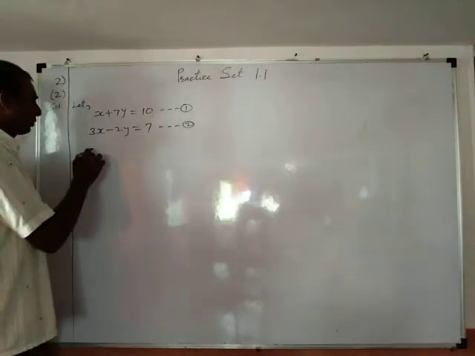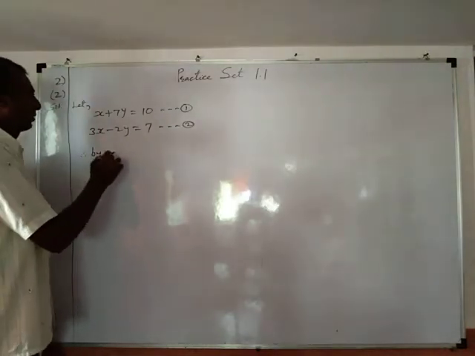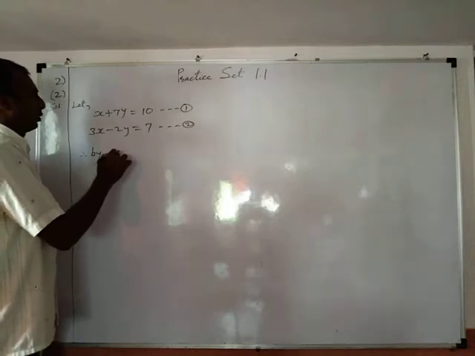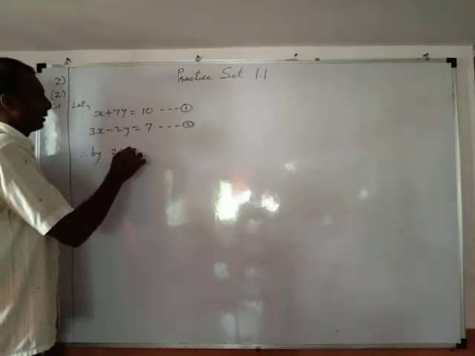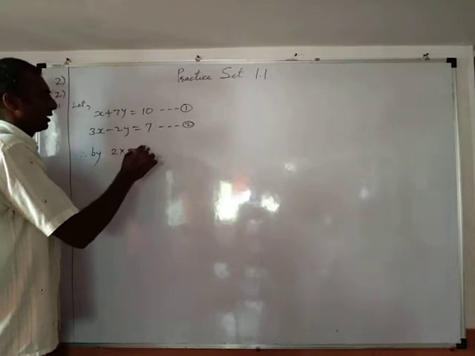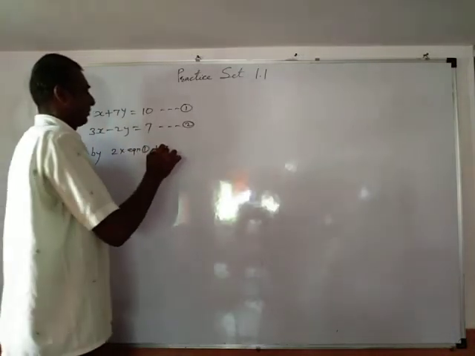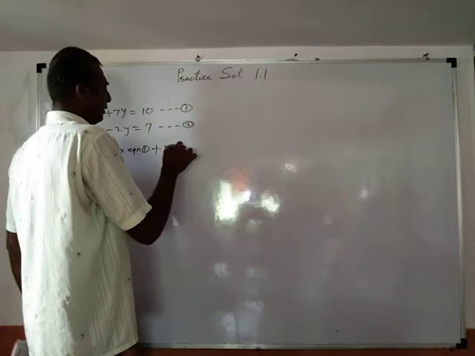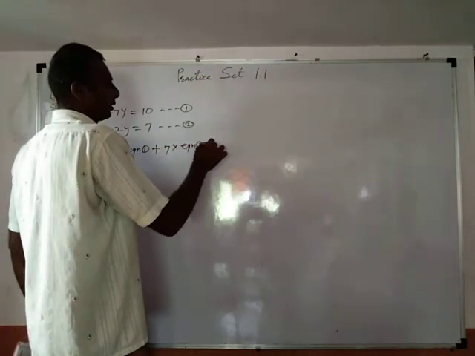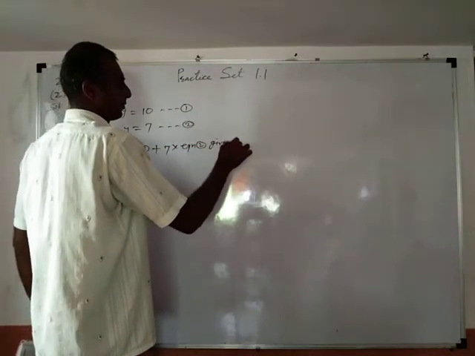Therefore, 2 into equation 1 plus 7 into equation 2 gives us.